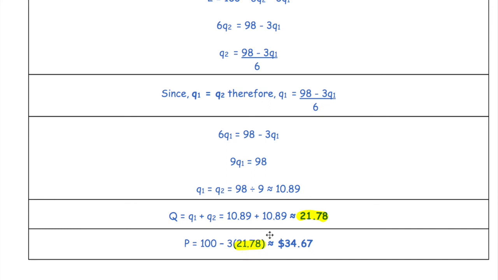Sometimes students will make a mistake by putting 10.89 rather than this 21.78. So as a tip, I'd recommend being careful about that. Whenever we're working with the industry demand curve, it's important to put the industry output. The industry output is not the output of one firm, but rather of all the firms that are operating in the industry. And so if you plug that in, you should get a price of approximately $34.67.